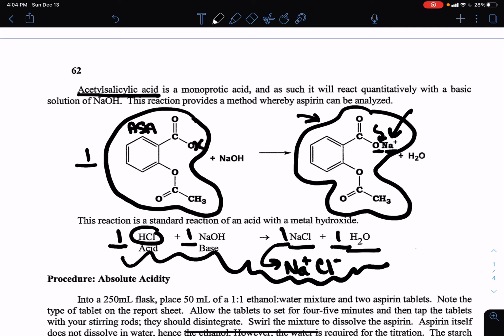So you have one ASA, one base, one salt, and one water. It works the same way, so you need one of each for this reaction. And that's going to help us when we need a multimole ratio in the calculation that we're going to do right now.